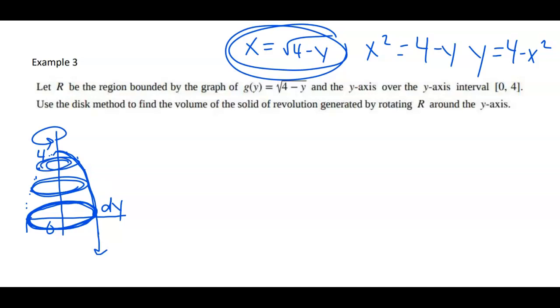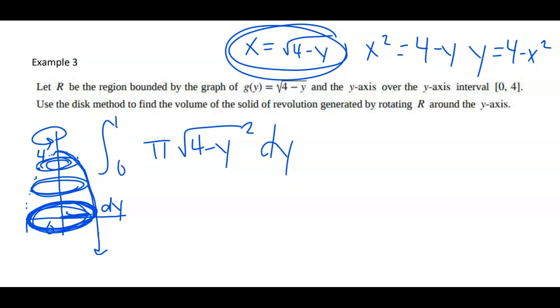All right, so just one of these volumes is pi r, oh, well, that's g of y squared dy, and then I need to add all of those up from y equals 0 to 4. All right, pi comes outside.